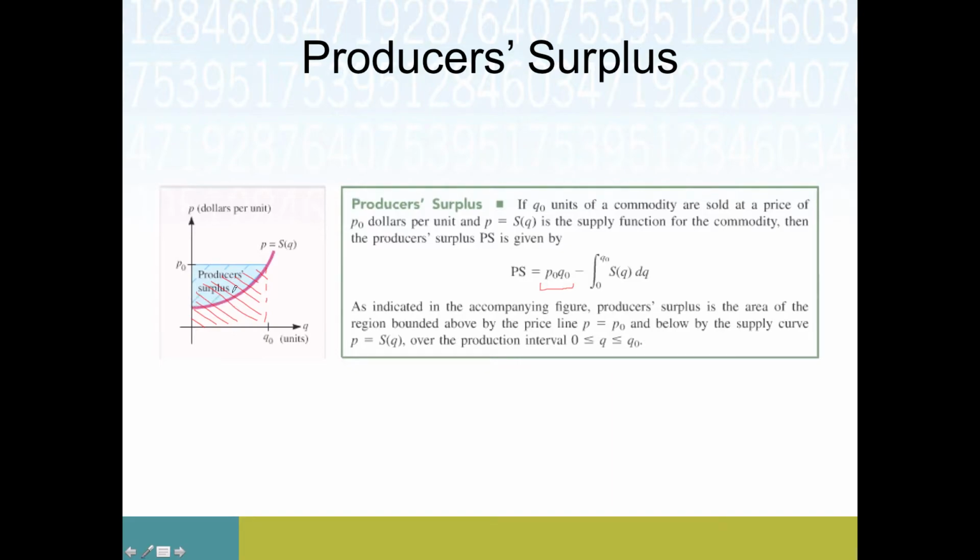So what we're going to do is subtract off that area, the stuff underneath the supply curve. And that's what this integral represents exactly, the area underneath the supply curve. So what's left over is the blue shaded region up top, which is exactly the difference between these two areas.